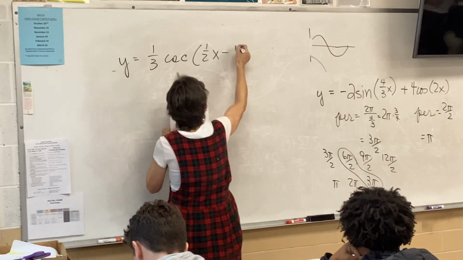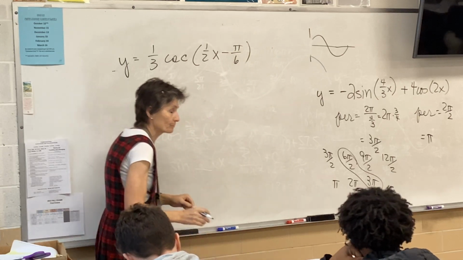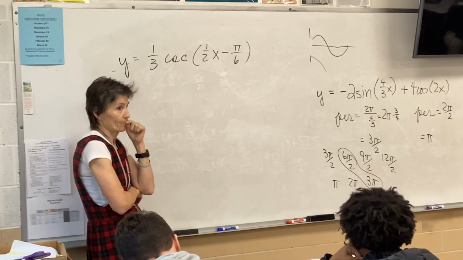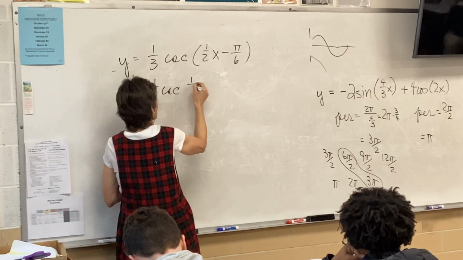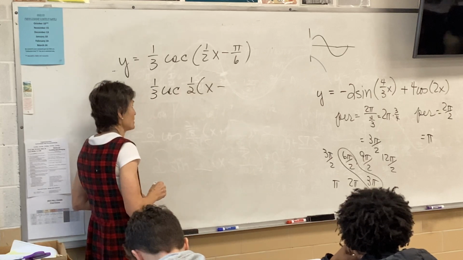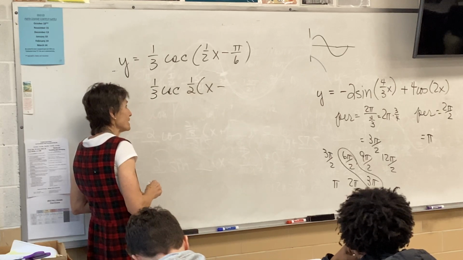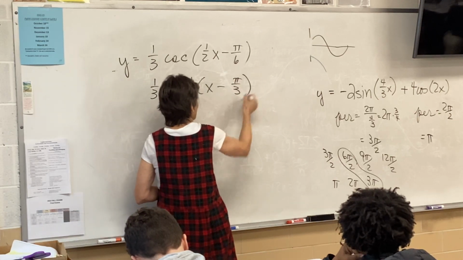Now be careful on this. The first thing you need to do is what? Take out the 1/2. Very good. Take out the 1/2. Remember, factoring is division. So dividing by a 1/2 is like timesing by 2. So this is going to be pi over 3.